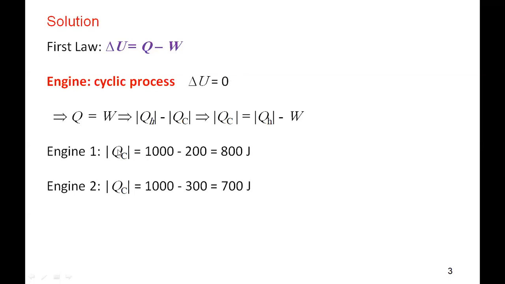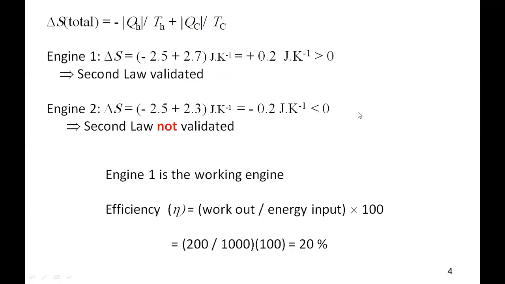Then for engine 1, QC at the cold reservoir is 1000 minus 200 equals 800 joule, and for engine 2, QC is 1000 minus 300 equals 700 joule. Okay, what is the entropy? The entropy equals minus QH over TH plus QC over TC. Engine 1, the entropy delta S equals minus 2.5 plus 2.7 joule per Kelvin, which equals 0.2 joule per Kelvin, and this is greater than 0.